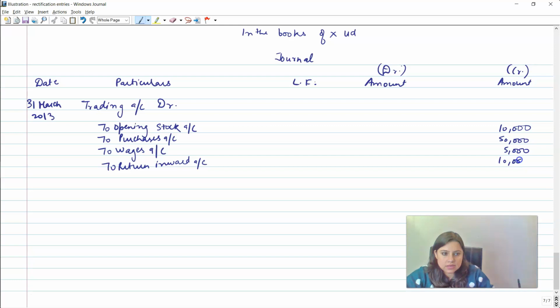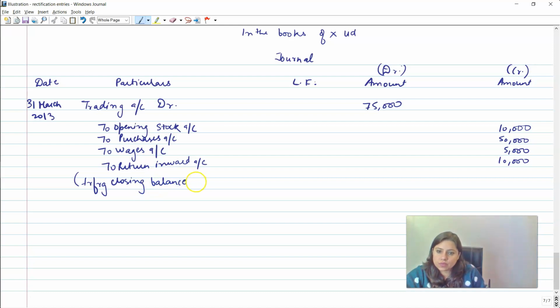So the total amount with which the trading account is to be debited is 75,000. And here we'll put down the narration saying transferring closing balances to trading and P&L, to trading account.